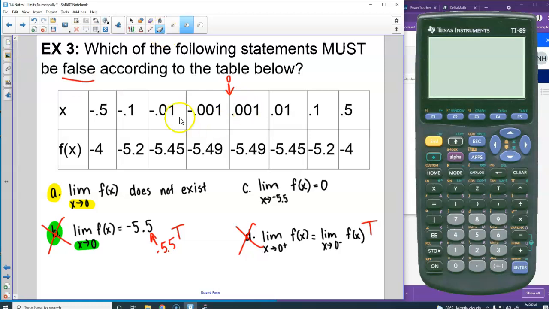So we don't have information for negative 5.5, right? Is it a possibility that it does equal 0? It could. We don't know what it is, right? I think I meant for this to be negative 0.5. Yeah, it's possible. And really, even if it didn't, it's still possible. As they were written.